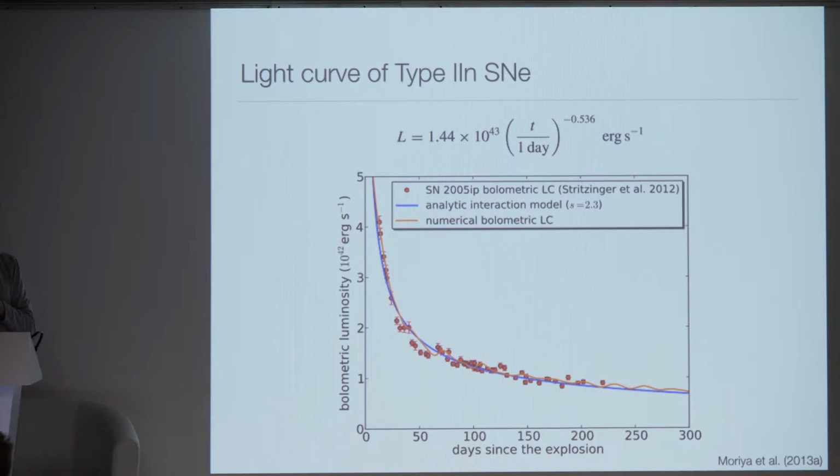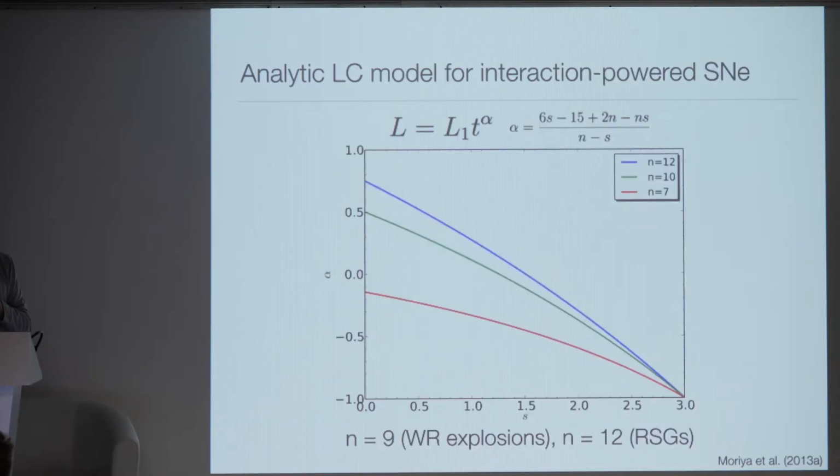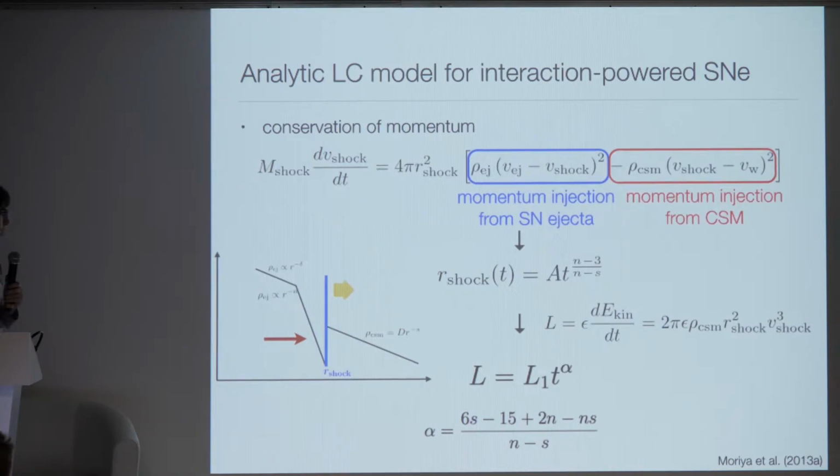Yes? Go back. Two slides back. More? So yeah, when you compare the numerical simulation, what's epsilon? Epsilon can be changed in the numerical simulation as well. In this case, 0.1 was good.